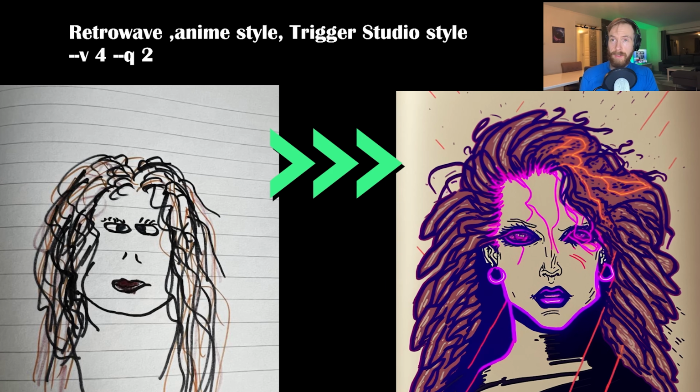So here I did the prompt retro wave anime style, Trigger Studio style, --V4. Also like this one, I can see the resemblance, but it's not gonna be a beautiful woman, is it? But I like the style, thought it was quite cool, so I thought I'd just leave it in here. So yeah, let's have a look at one more from this drawing.